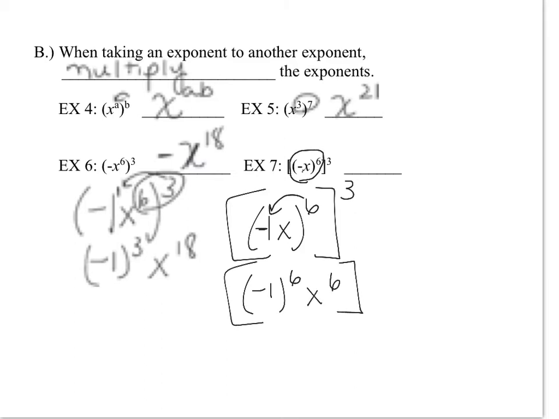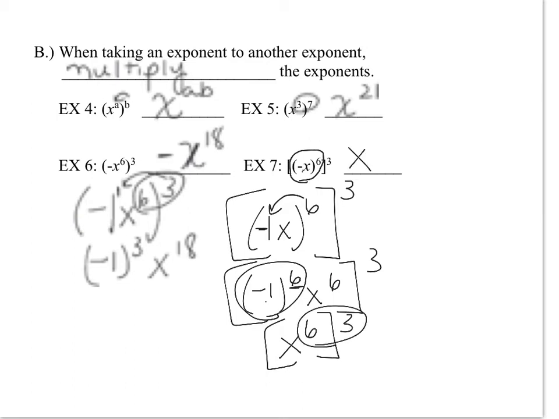This guy right here, because negative 1 is being taken to that even power, is going to be positive 1. So really what we have here is just a positive x to the 6th taken to the 3rd power, which now we can multiply those exponents to get positive x to the 18th.